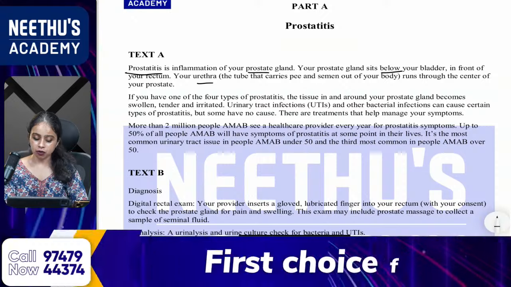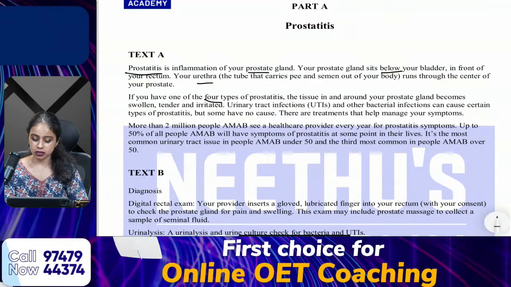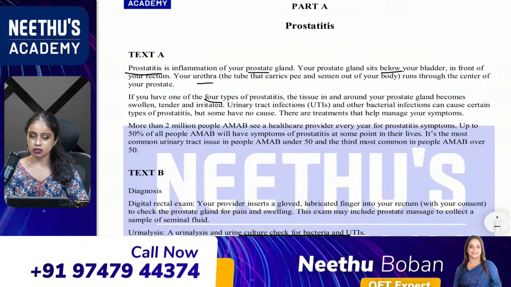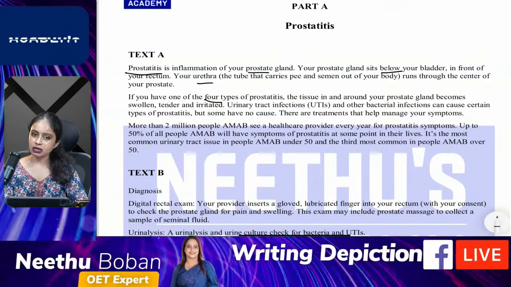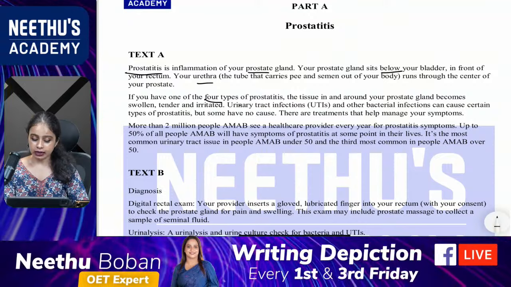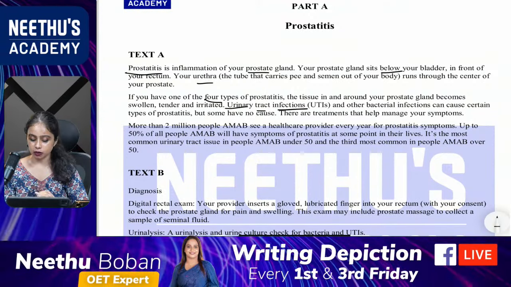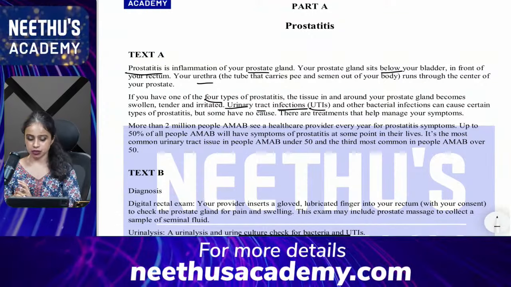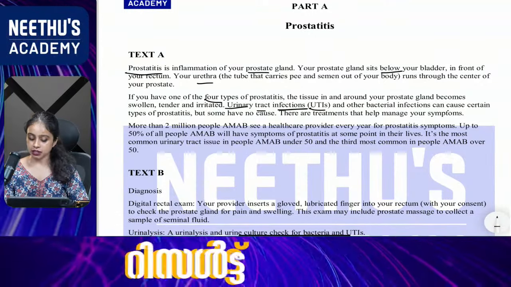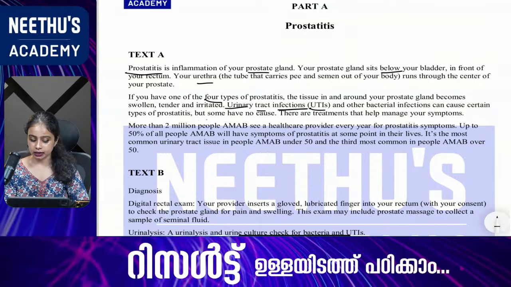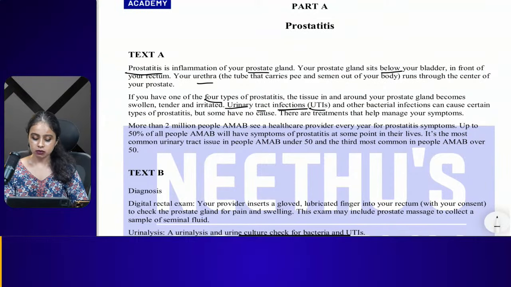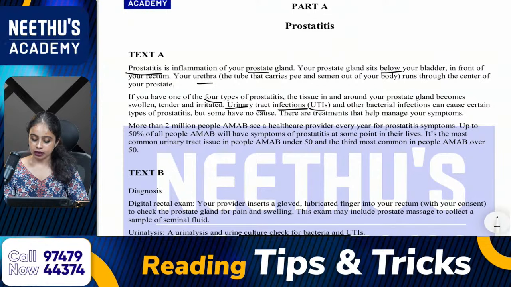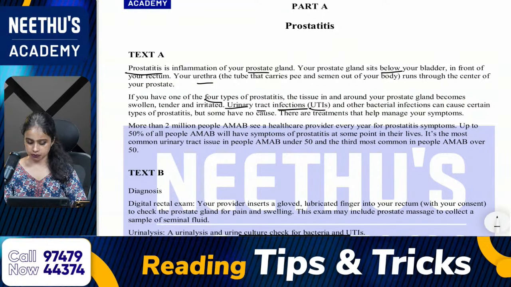If you have one of 4 types of prostatitis, the tissue in and around your prostate gland becomes swollen, tender and irritated. Urinary tract infection, I'm marking all these 3 words as well as the abbreviation in brackets. Other bacterial infections can cause certain types of prostatitis, but some have no cause. Then there are treatments that help manage your symptoms.